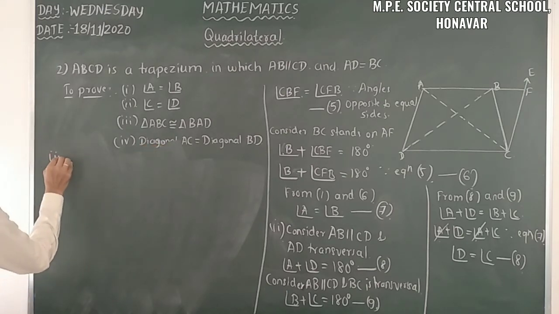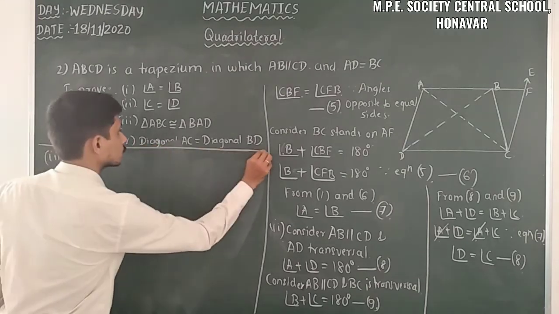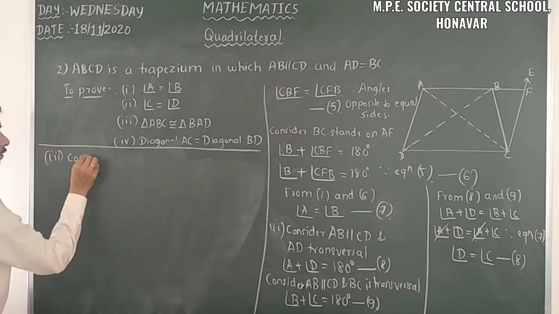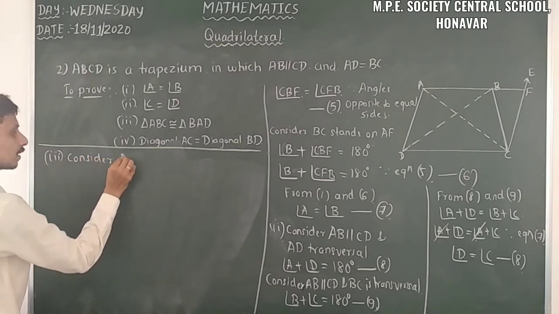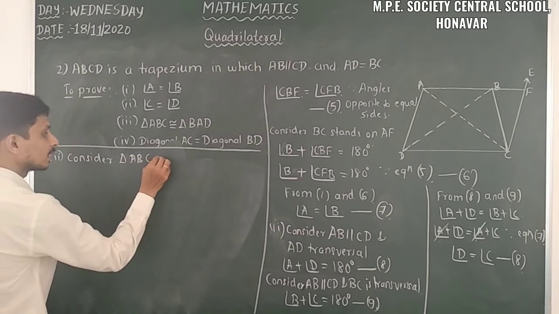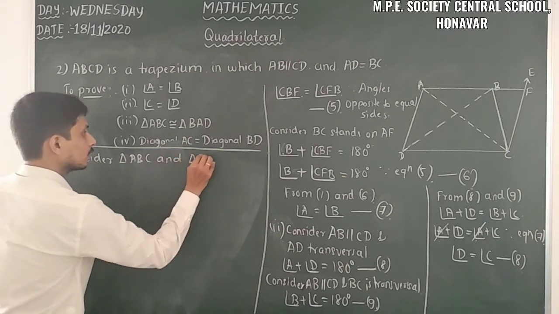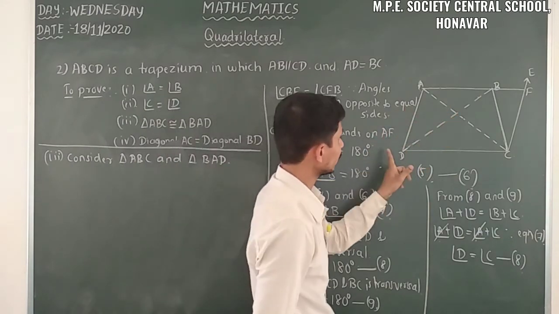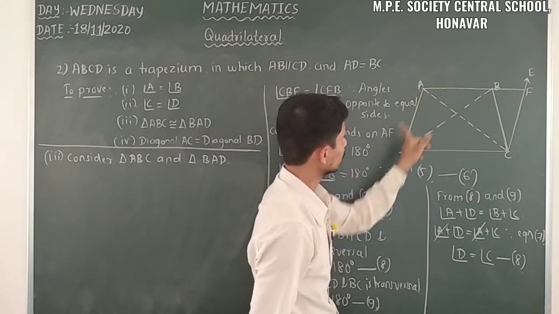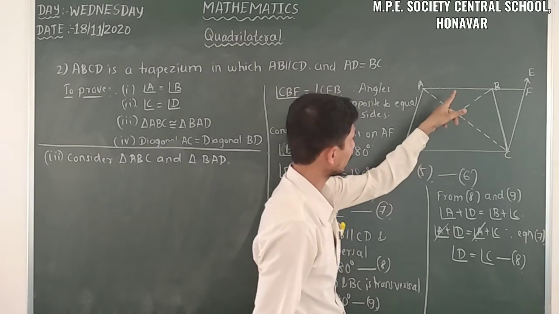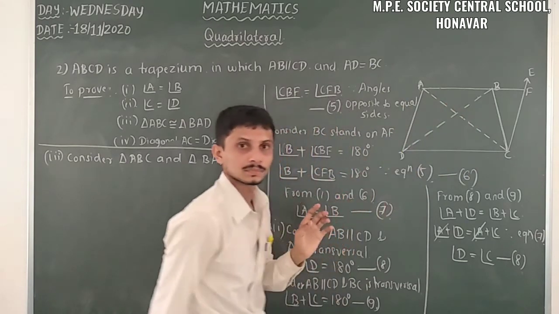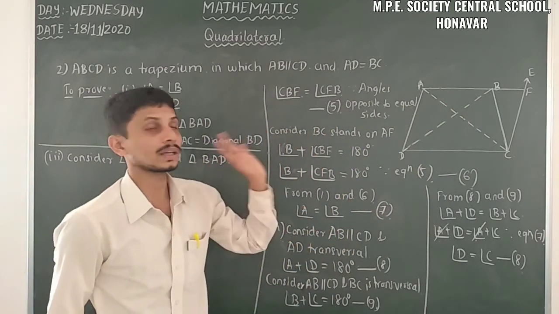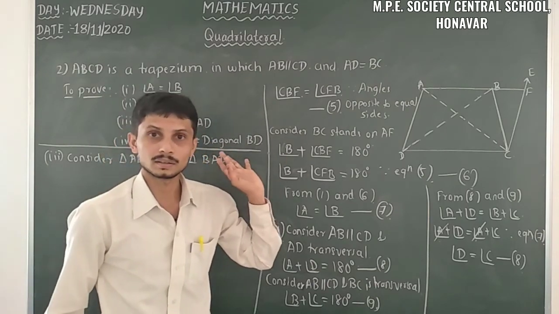Consider triangle ABC and triangle BAD. So here we have to take those two triangles.